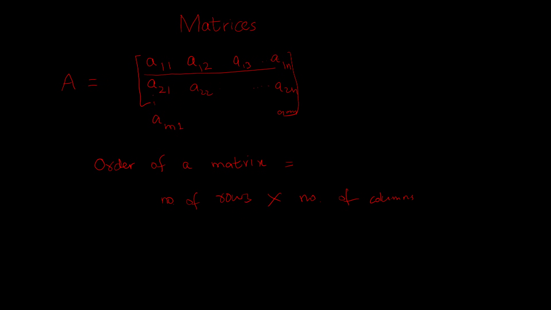For example, if we have a matrix C, then what is the order of matrix C? It's just the number of rows. There are two rows, one, two, and three columns, one, two, three, so two cross three. Just write it as it is. You don't have to multiply that. Even if you multiply, that would be incorrect.